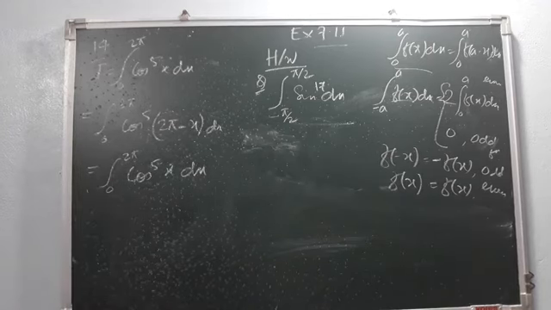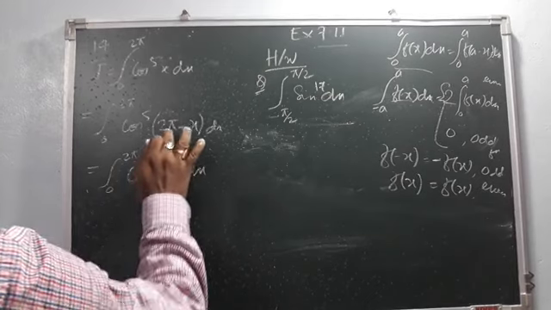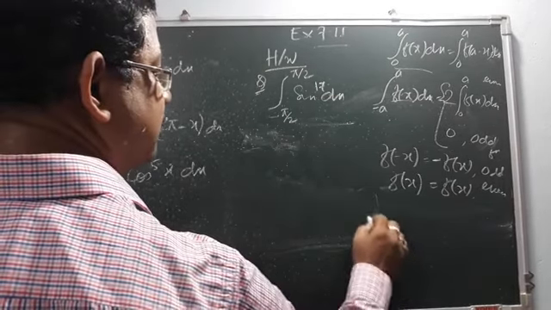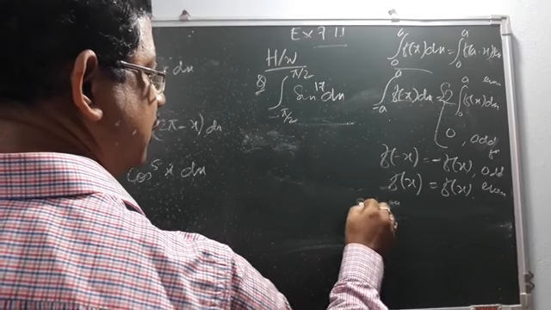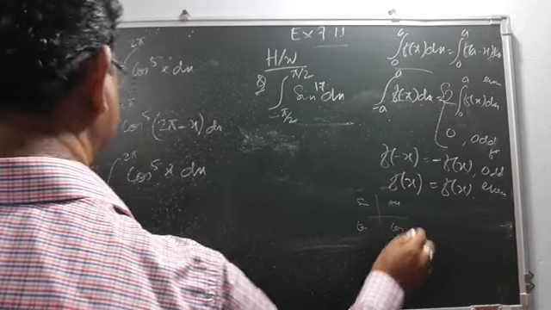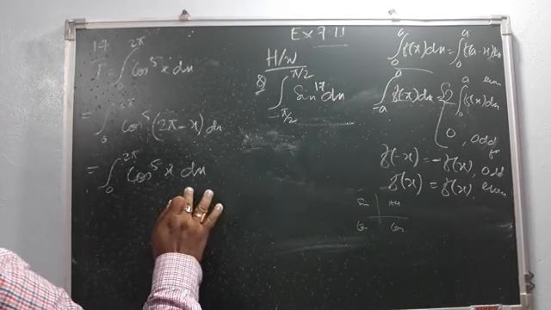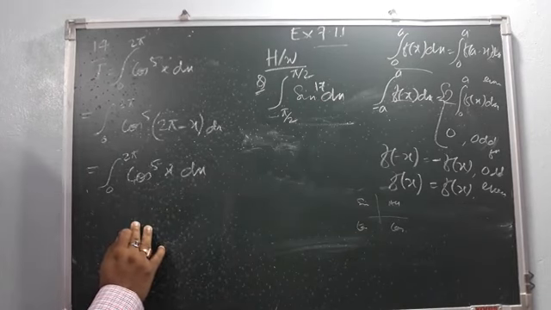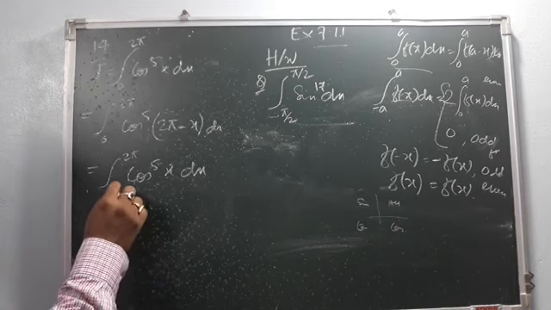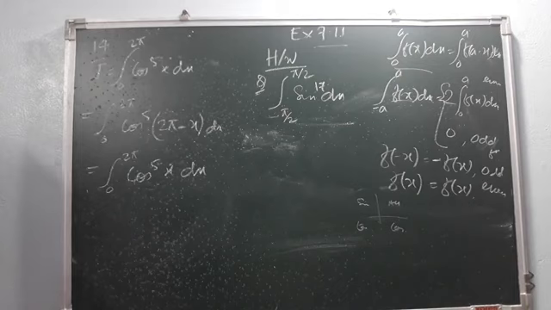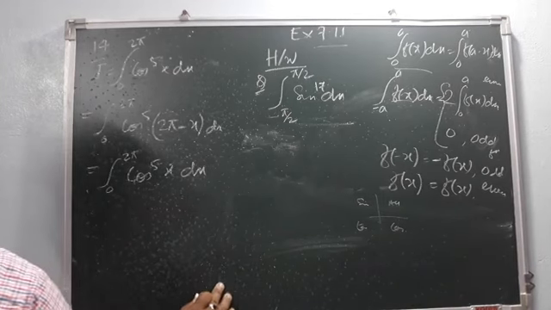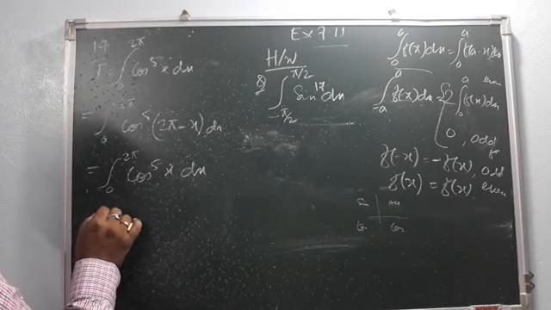Cos to the power 5 we have written, and remember that for 360 minus theta all are positive, so automatically the value will be the same.